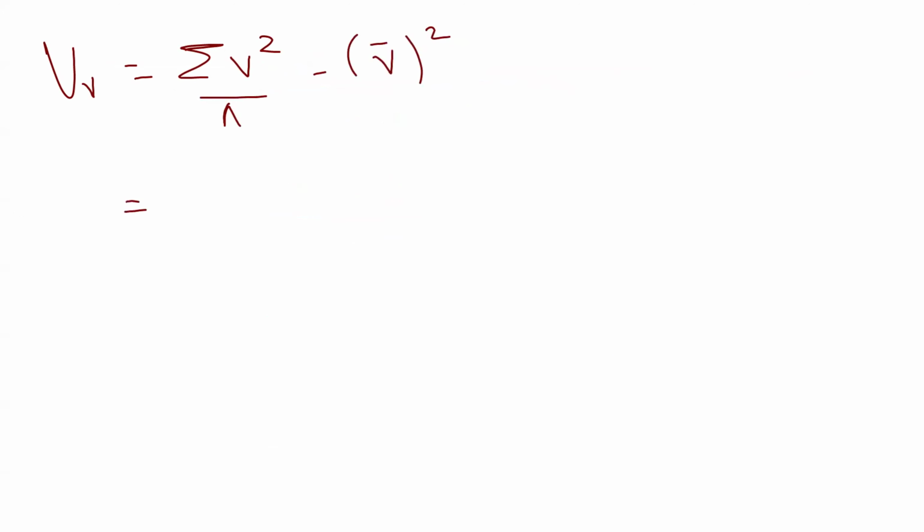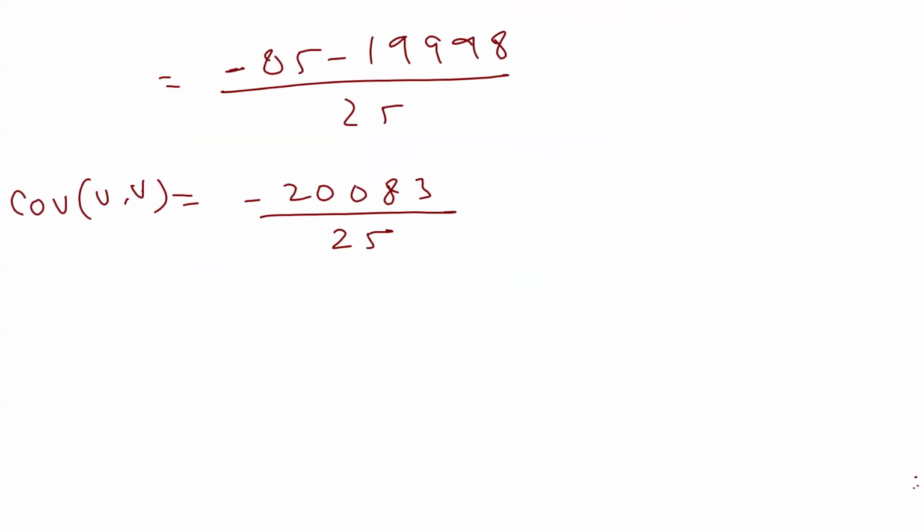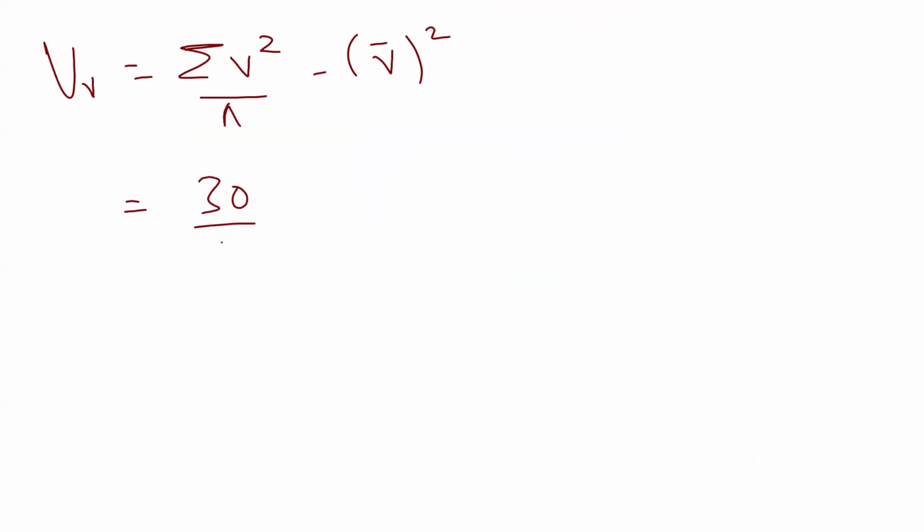V square. So we'll calculate the column of v square. Okay, so 1, 16, 9, 0, 4. So this is 20 plus 10, that is 30. So this equals 30 upon 5 minus v bar. V bar is 198 upon 5 the whole square.